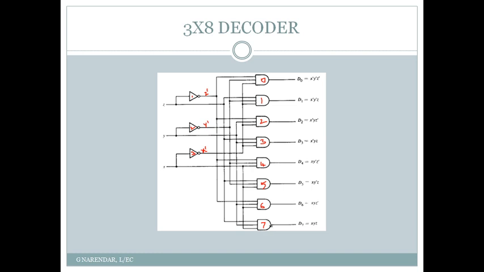We'll see this for one more gate, the 7th gate, which has to produce the X, Y, Z product term or minterm.